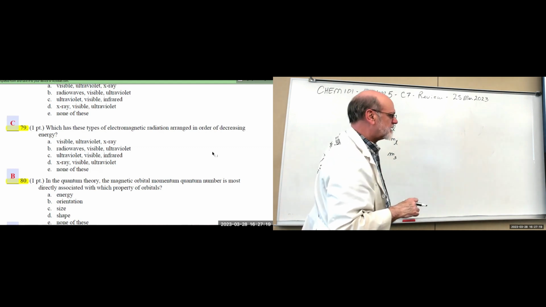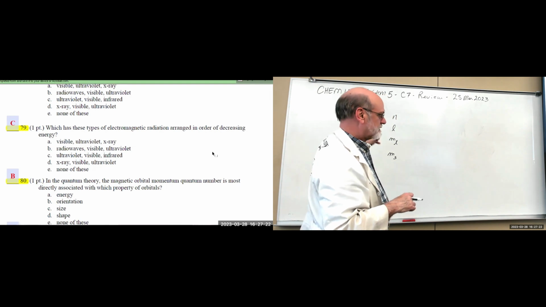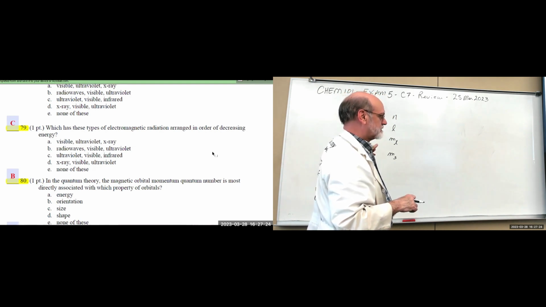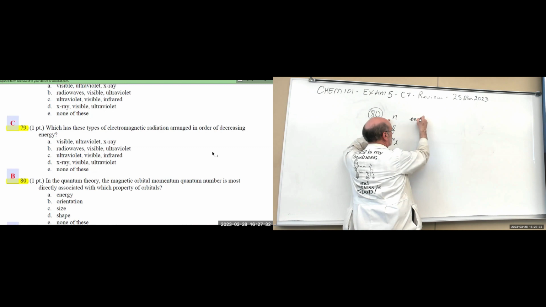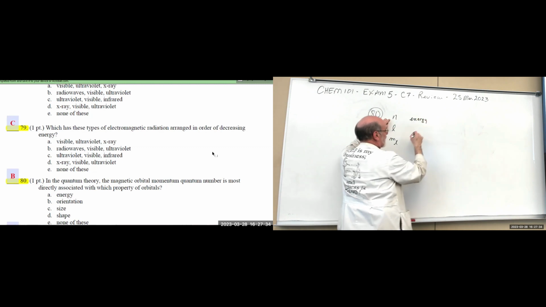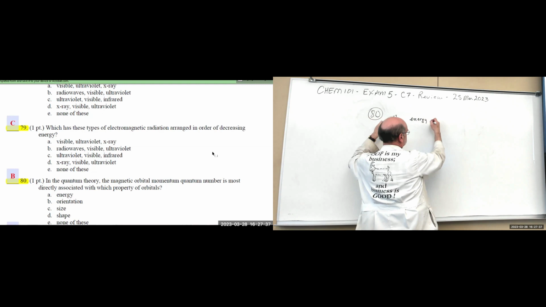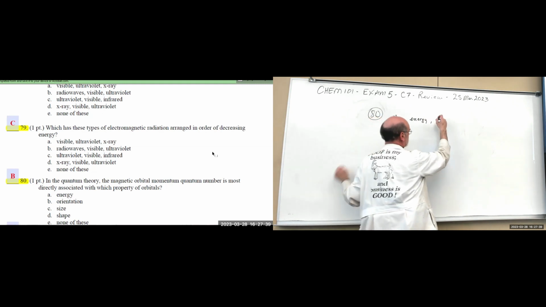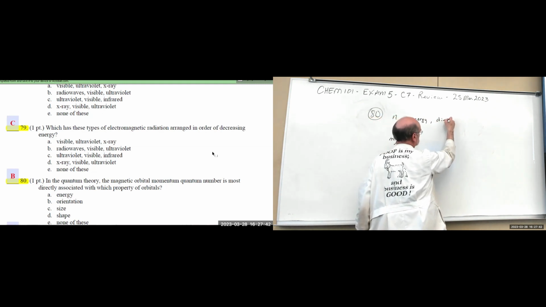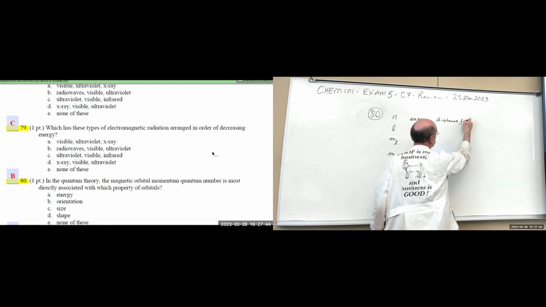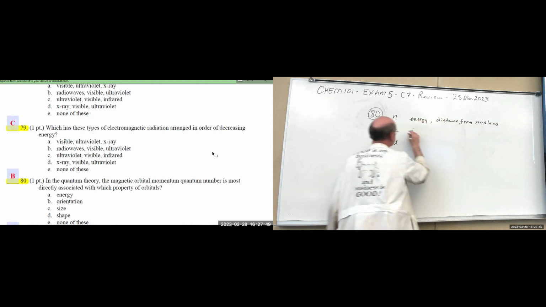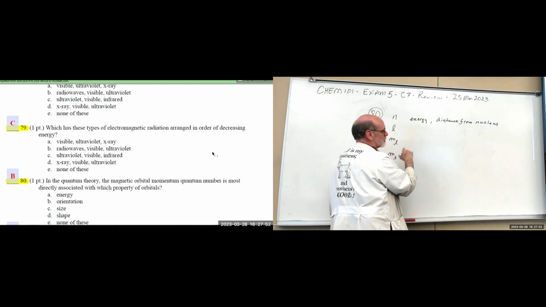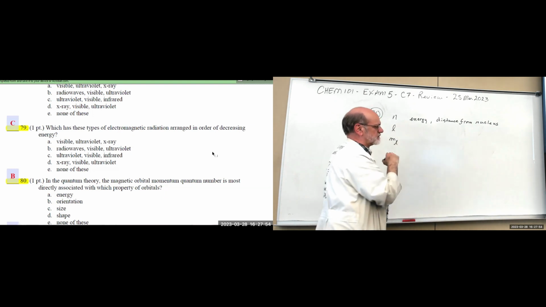Let's see. Magnetic orbital momentum. Okay, this one, n, is energy, and it's associated with distance from the nucleus. Okay, this one, l, is the angular momentum, I think.